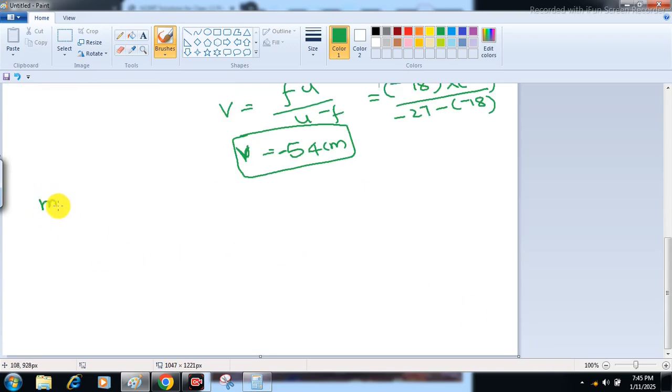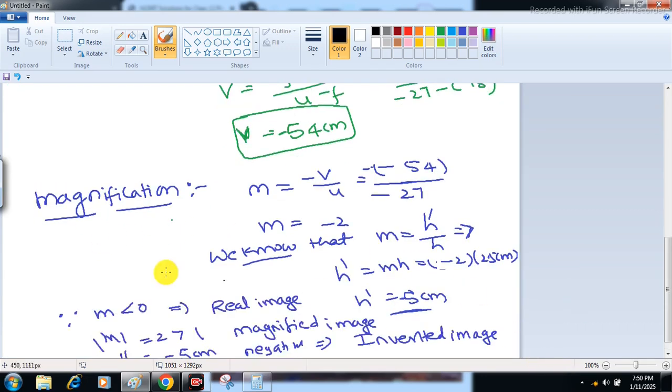Now the magnification of the image, which is called linear magnification: m equal to minus v by u, that is minus of minus 54 centimeters by minus 27 centimeters, which is equal to minus 2.